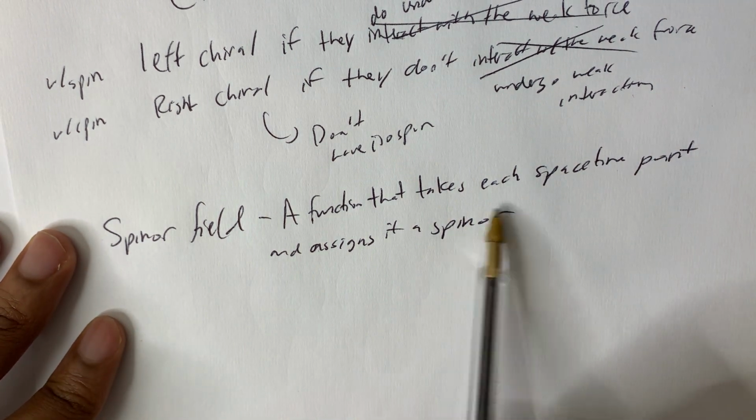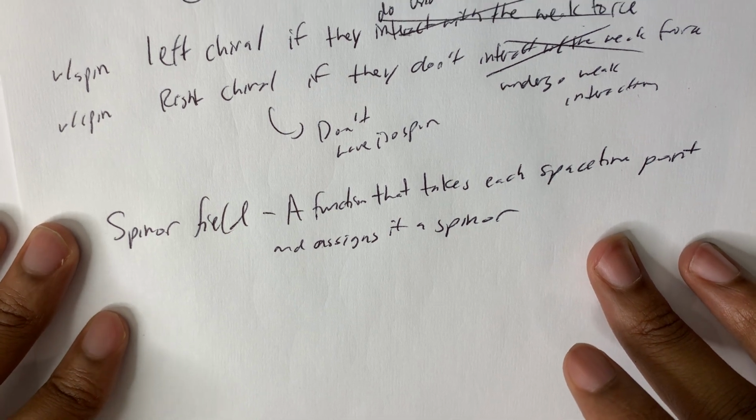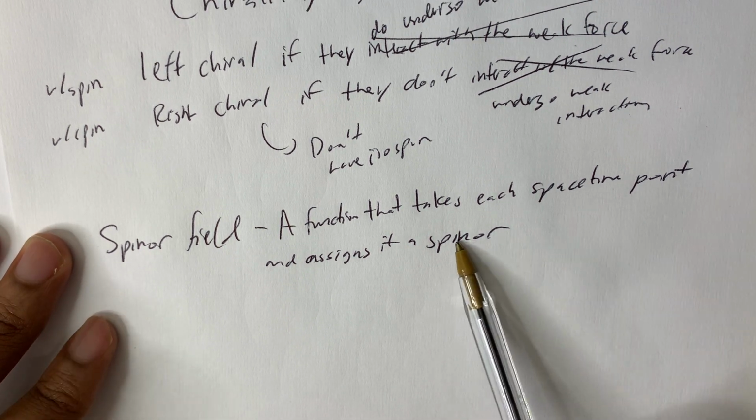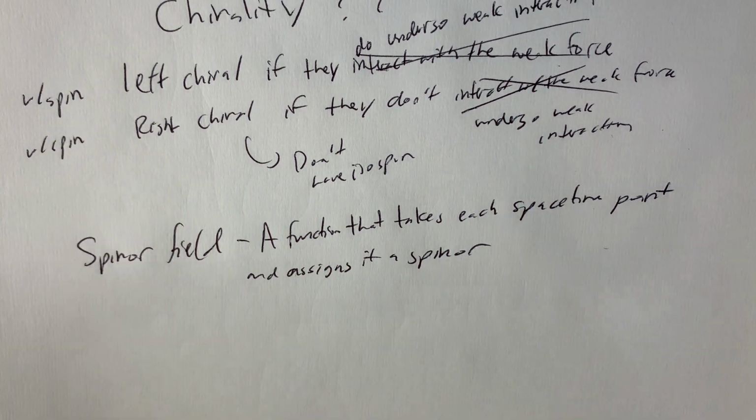We should know what spinors are by now, since this is spinors 5. A spinor field is just a function that takes a space-time point and gives you a spinor.